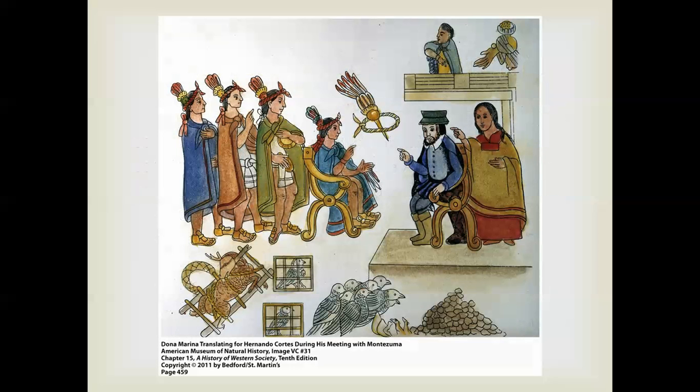Another factor is the fact that the societies in Africa, Europe, Asia had a well-developed system of writing and record keeping, and this is going to be very significant, not so much in terms of what's going on between Cortez and the Aztecs, but the fact that they do keep histories.